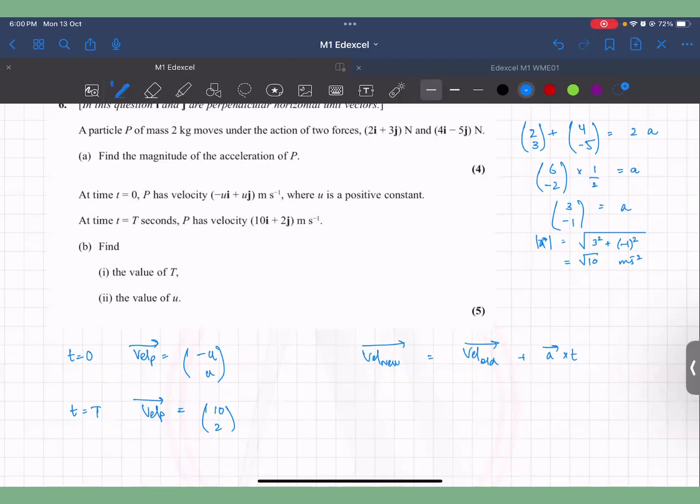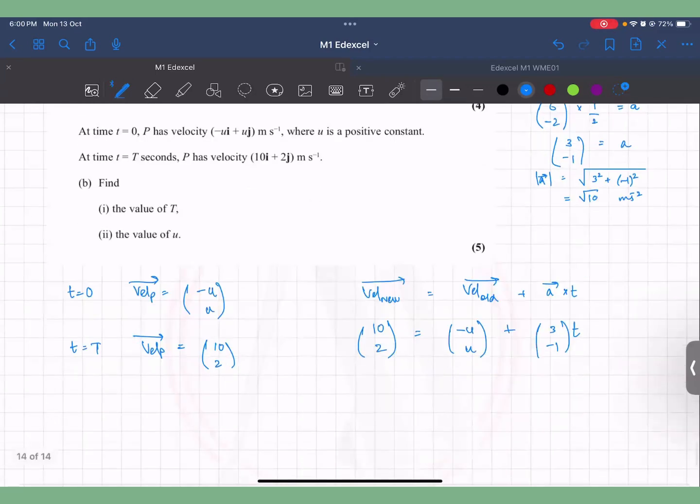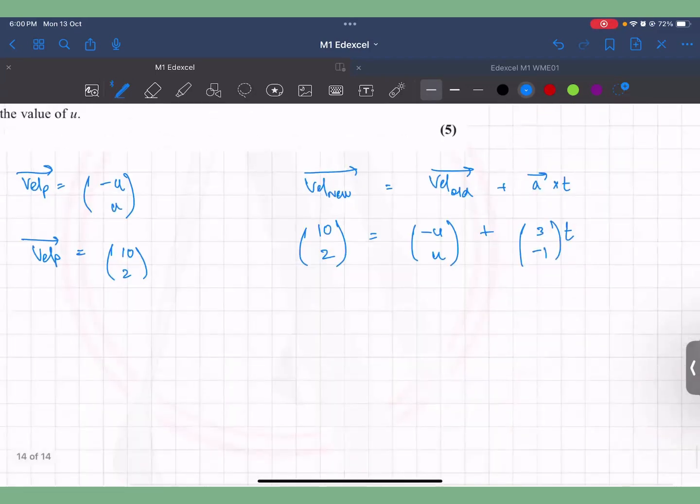The new velocity is given to us as (10, 2). Old velocity is (-u, u), plus the acceleration vector we know, (3, -1), times time. Now you can form simultaneous equations. So 10 is equal to -u plus 3t, and 2 is equal to u minus t.